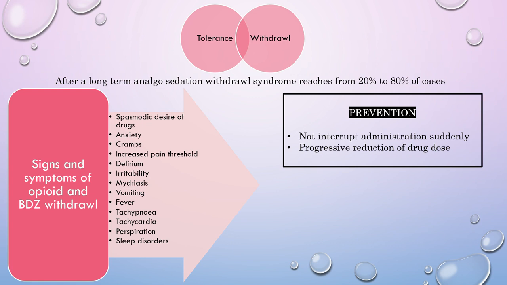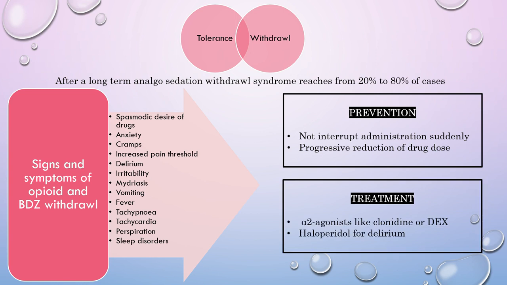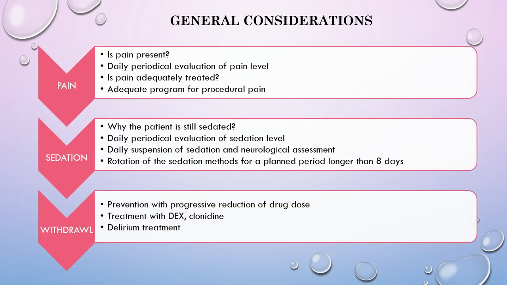We don't have to do it suddenly, but we need to have a strategy, a progressive reduction. If you are in front of a withdrawal syndrome, the best way to get a better outcome is to treat it very fast, with alpha-2 drugs like dexmedetomidine, which is the best choice, and treat delirium, if present, with haloperidol.